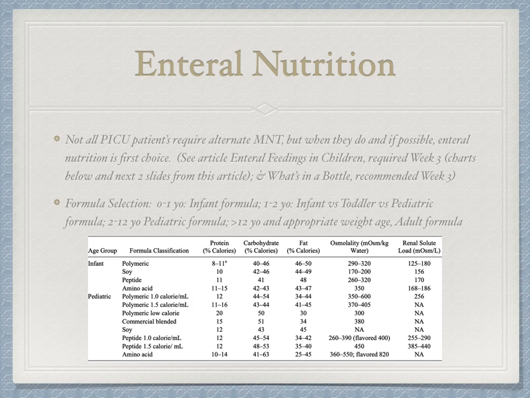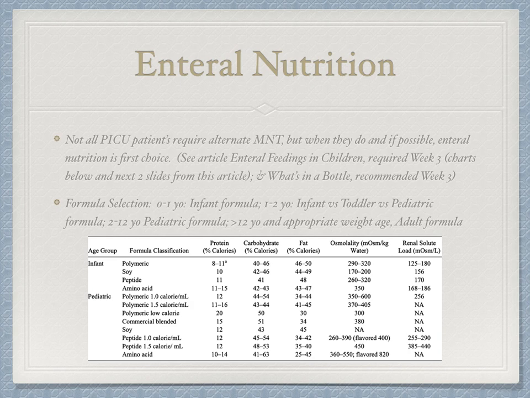And for children greater than 12 years old with an appropriate weight age, you'll want to use the adult formulas. If they have a weight age less than 12 years old or other circumstances like developmental delay, often you'll go back down to the pediatric formula selections for them.